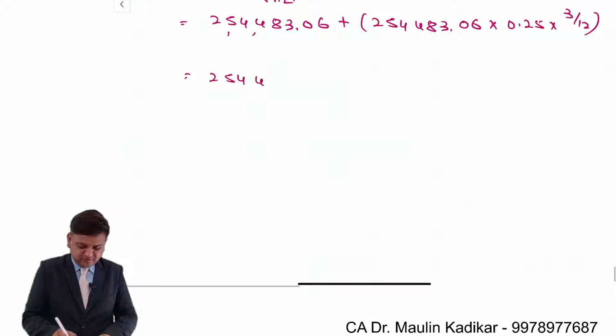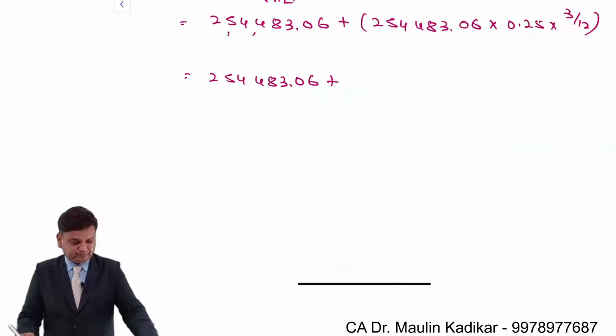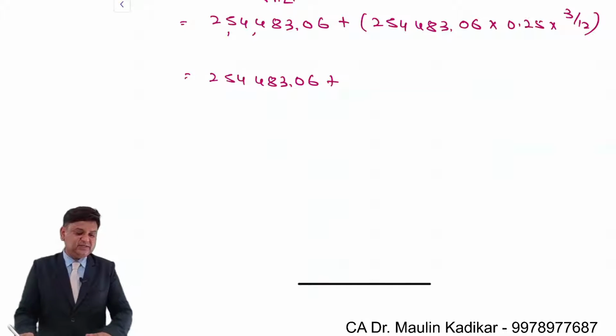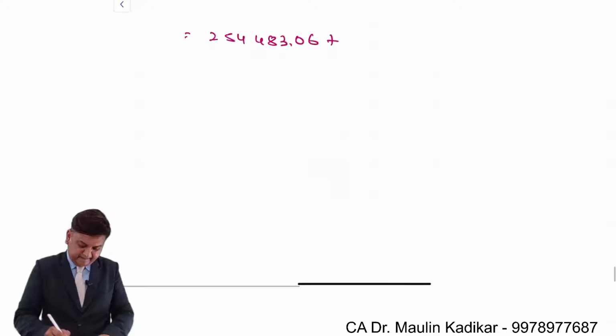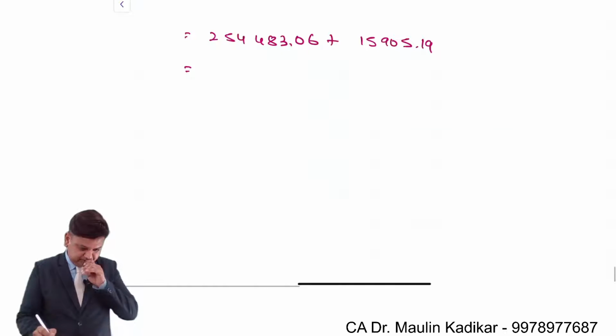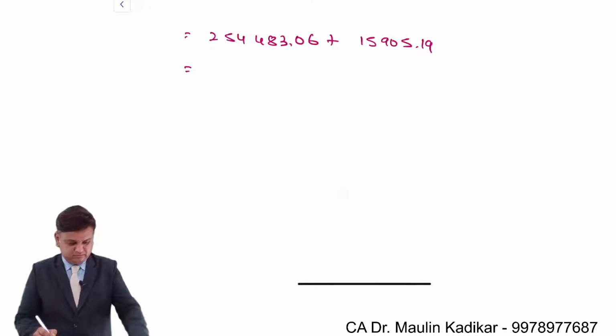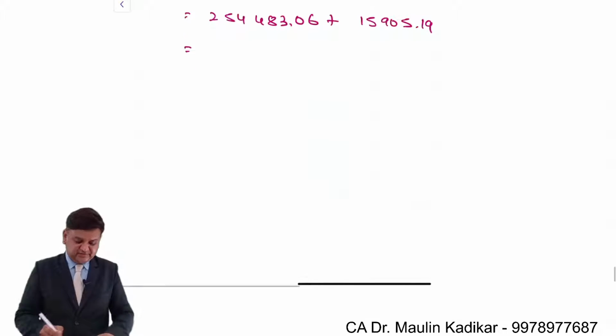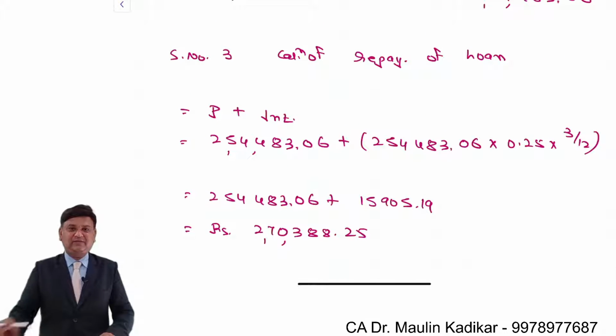So 254,483.06 plus 3-month interest is 15,905.19, so 2,70,388.25. This is the repayment of the loan that we will have.